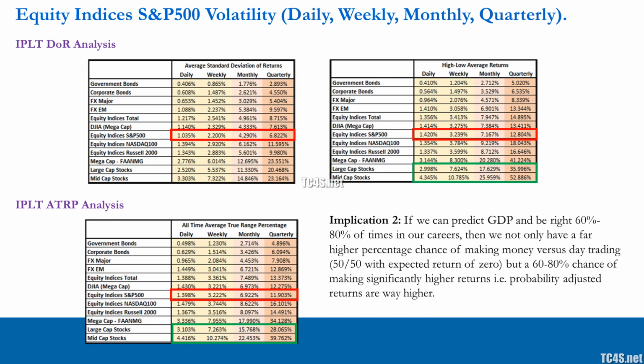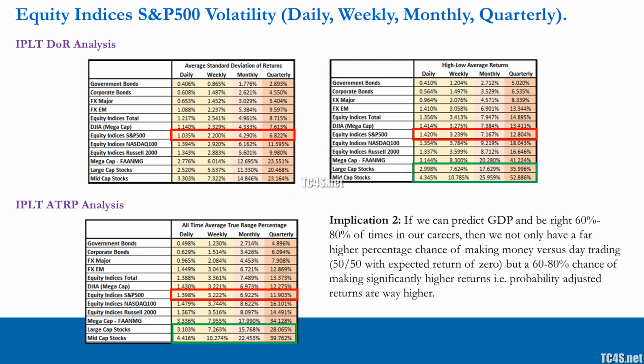So we have another implication here, another strong implication when thinking about this in the context of predicting GDP. So if we can predict GDP and be right 60 to 80% of times in our careers, then we're not only getting a far higher percentage chance of making money versus, say, day trading, which gives us the 50-50 expected return of 0, but we're getting a 60 to 80% chance of making significantly higher returns.